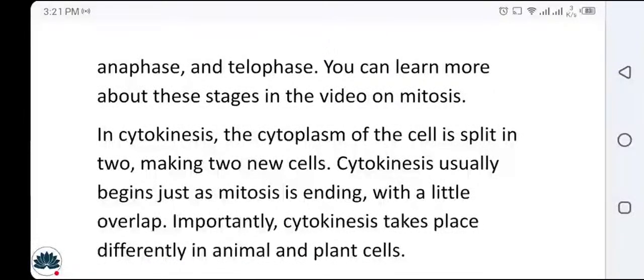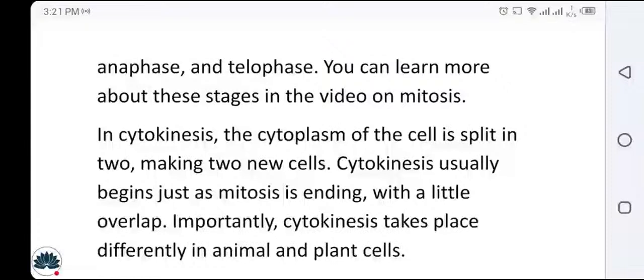In cytokinesis, the cytoplasm of a cell is split, making two new cells. Cytokinesis usually begins just as mitosis is ending, with a little overlap. Importantly, cytokinesis takes place differently in animal and plant cells. How is it so?